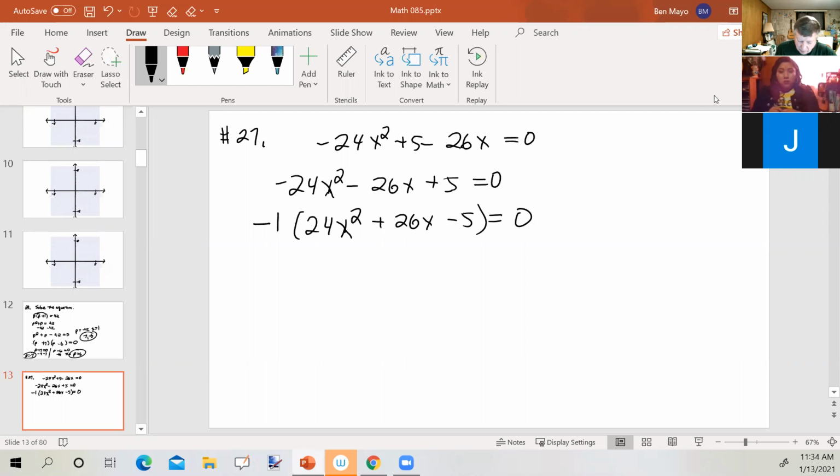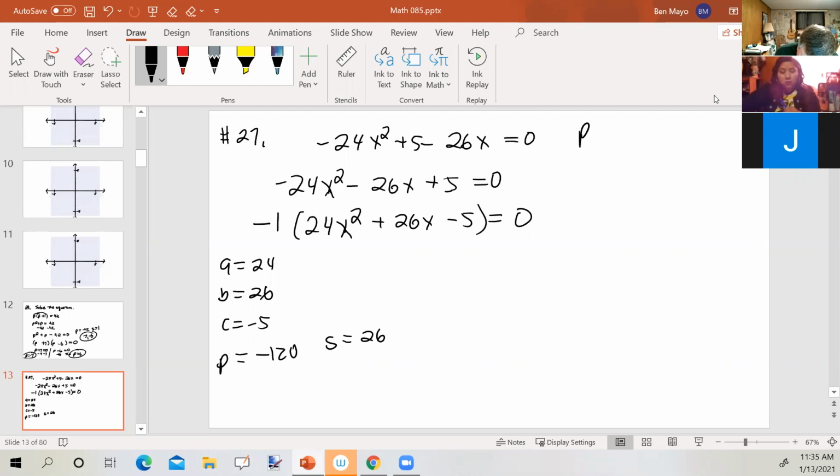I'm going to use grouping. So a is 24, b is 26, and c is negative 5. The product would be negative 120, and the sum would be 26. So I'm looking for two numbers whose product is negative 120 and whose sum is 26.